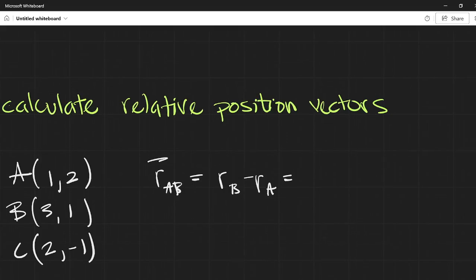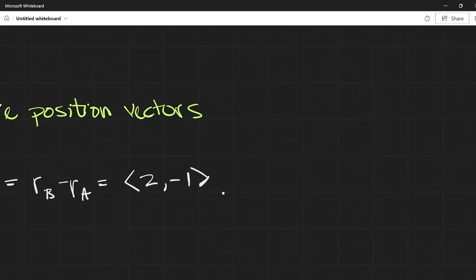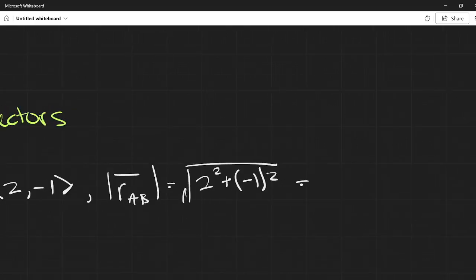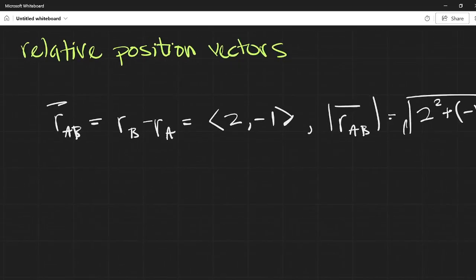Looking at that, we can easily see that this is the vector (2, -1). Might as well just calculate the magnitude as well. So the magnitude of vector RAB is equal to the square root of the sum of the squares. Pythagoras, thank you. And that's equal to the square root of 5. That's the magnitude of our vector RAB.